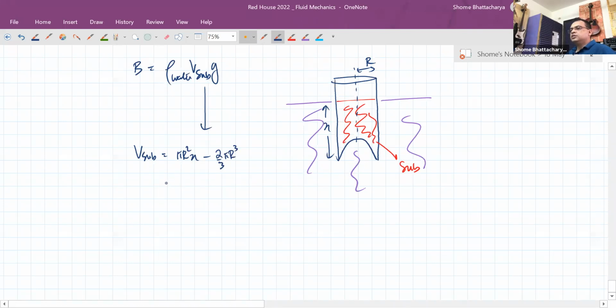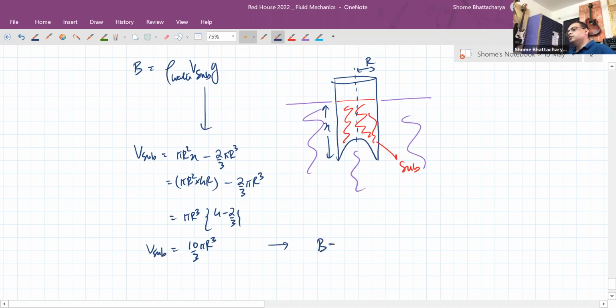So I believe this x was 4r, right? So it's pi r square into 4r minus 2 by 3 pi r cube. So if you take pi r cube common, it's 10 by 3 pi r cube. That is the volume of the submerged portion.